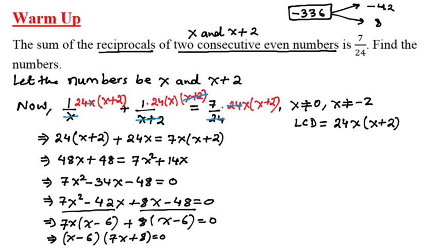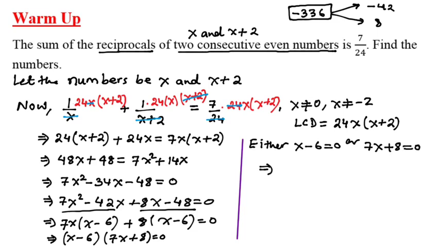Now we can use zero product property to solve this. So we can rewrite this as either x minus 6 equal to 0 or 7x plus 8 equal to 0.